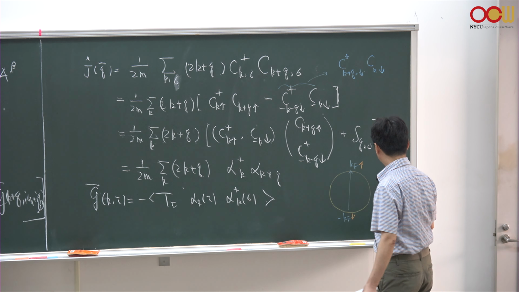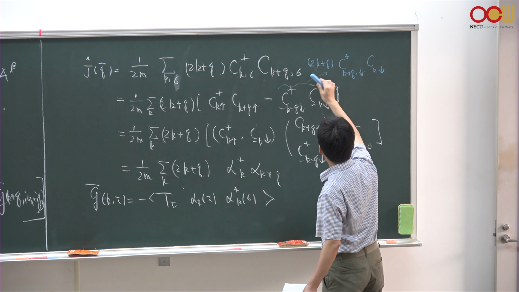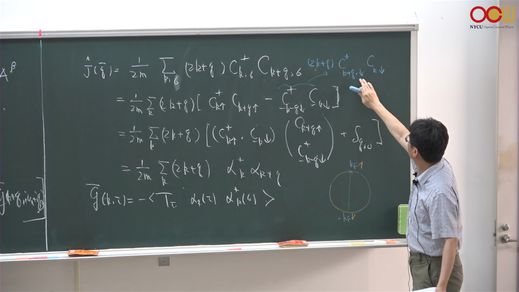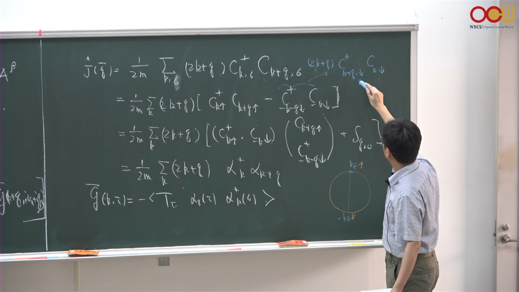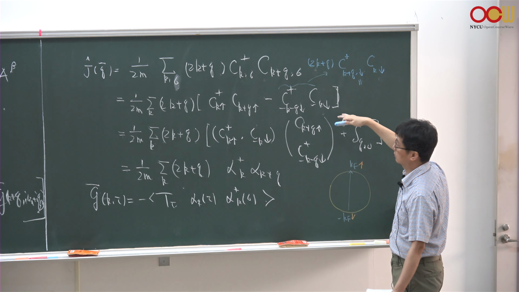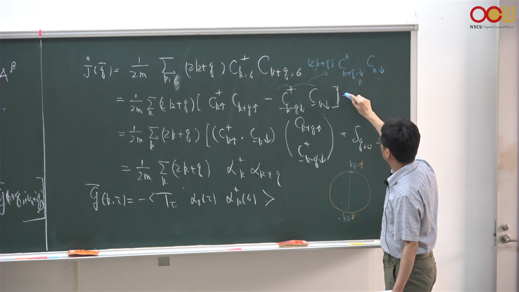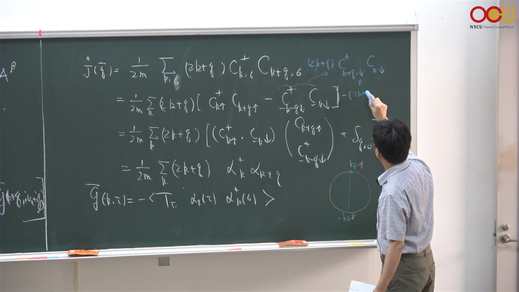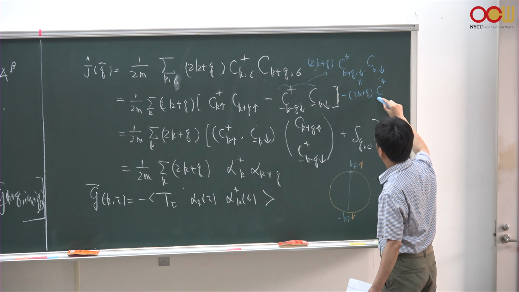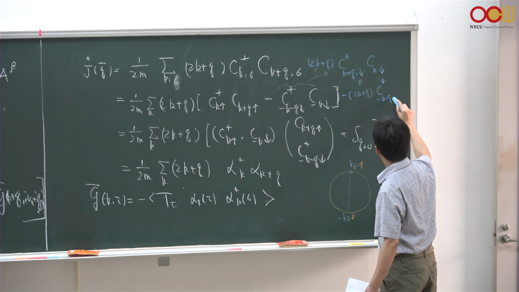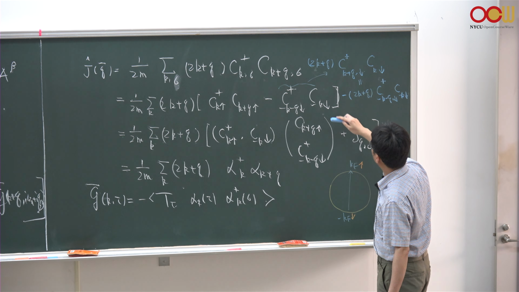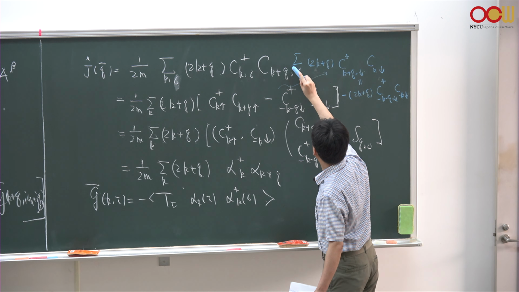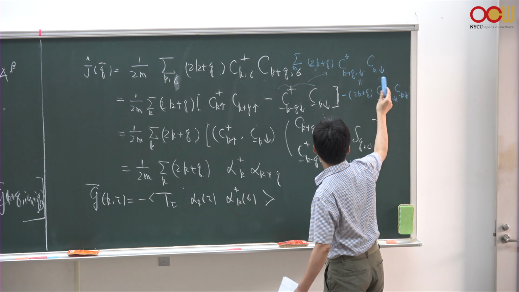So I can rewrite the whole thing, 2k plus q times C dagger k plus q down, C k down, in terms of the minus sign. This is minus, 2k plus q, C dagger minus k minus q, C minus k down. Simply, for the down-spin component, I just change the sign of k and q.